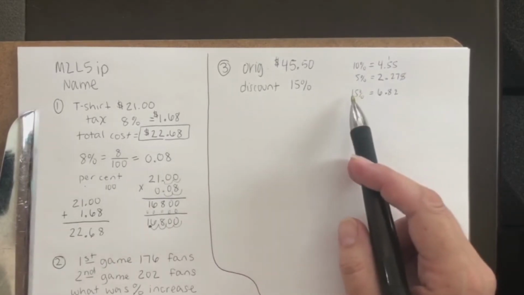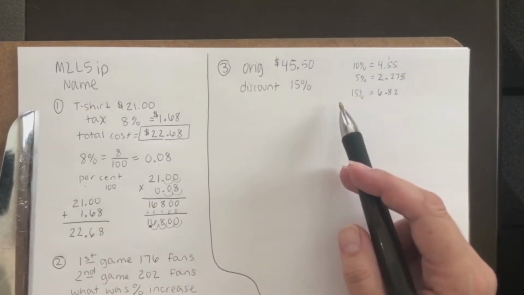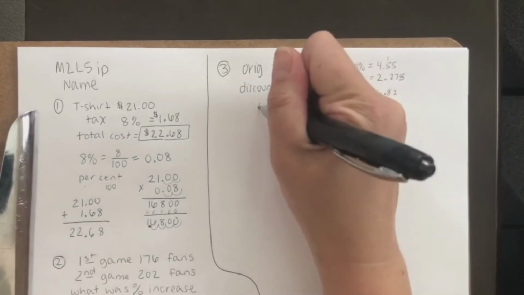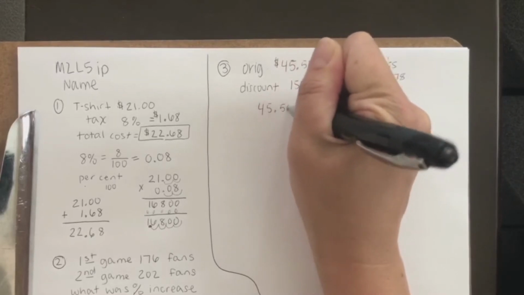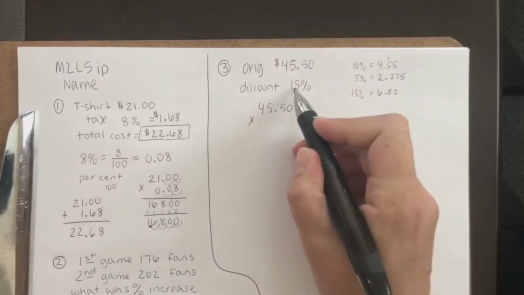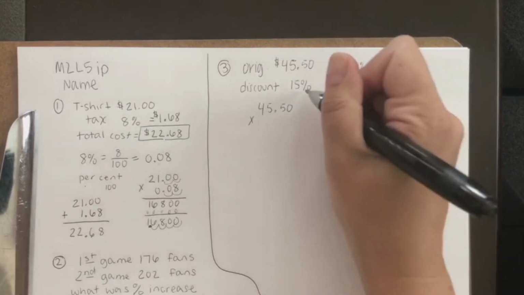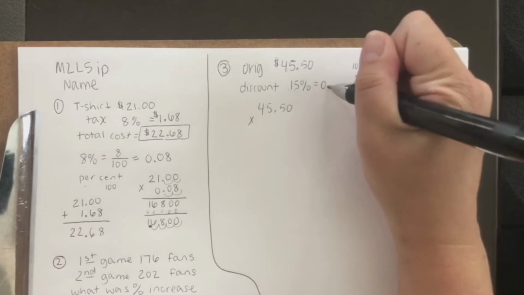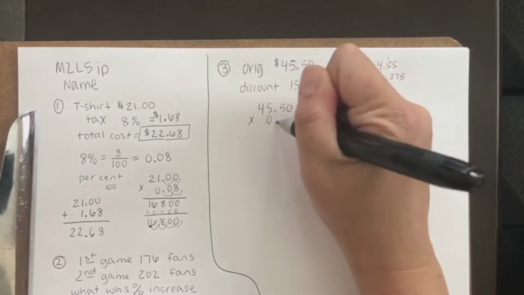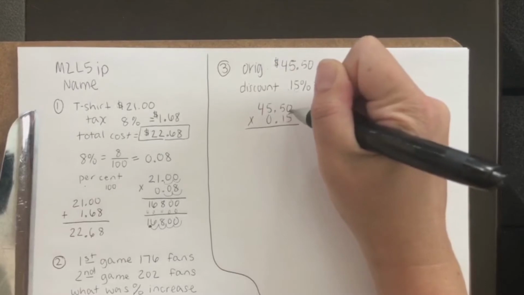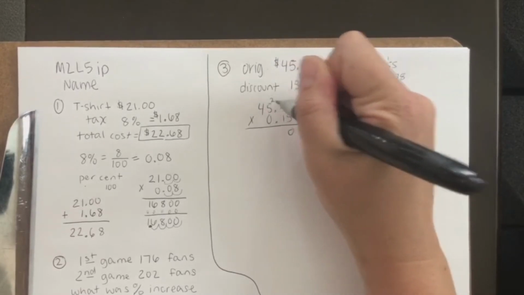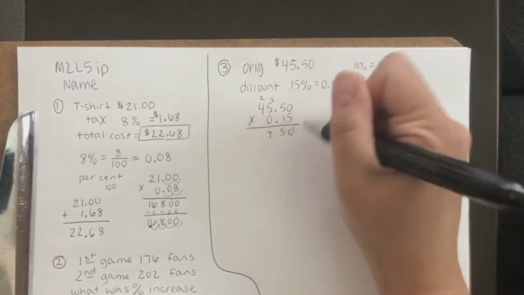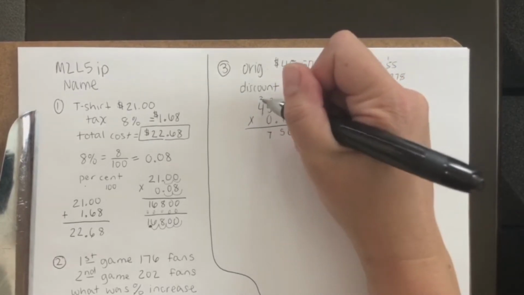Let's do it for real though, so that we know the exact answer and we can give an exact answer. So $45.50 times, and we're going to do the 15%, which when we're doing percent, we're going to move the decimal twice to get a decimal, 0.15. 5 times 0 is 0, 5 times 5 is 25, 5 times 5 is 25, 26, 27. 5 times 4 is 20, 21, 22.